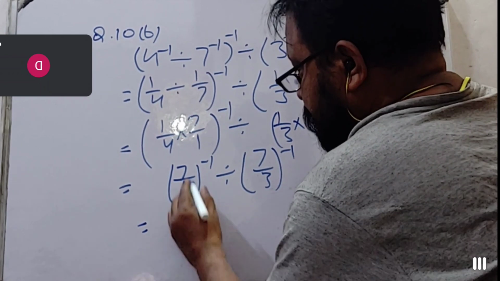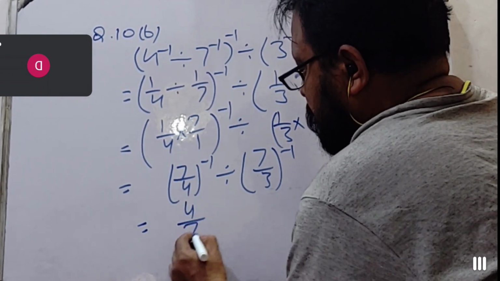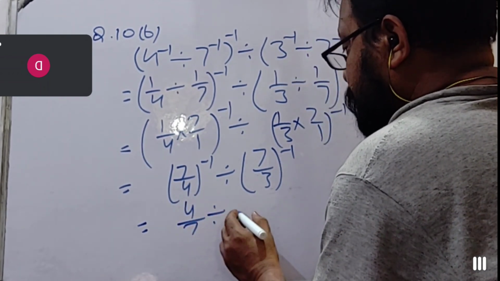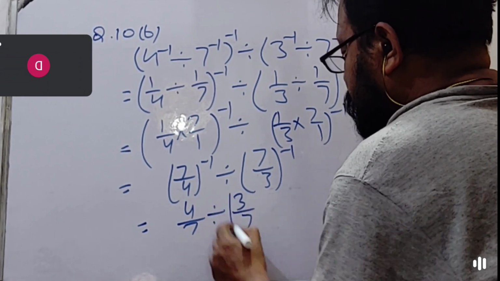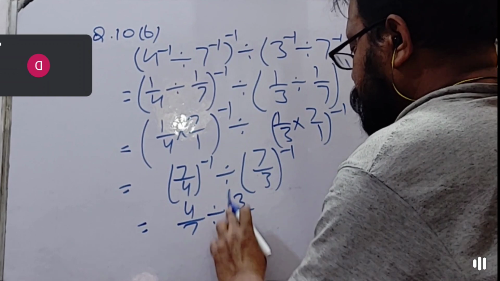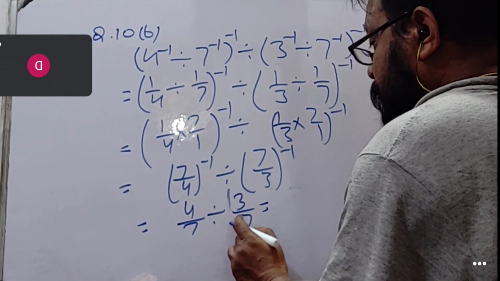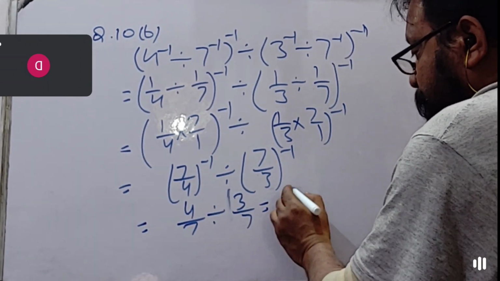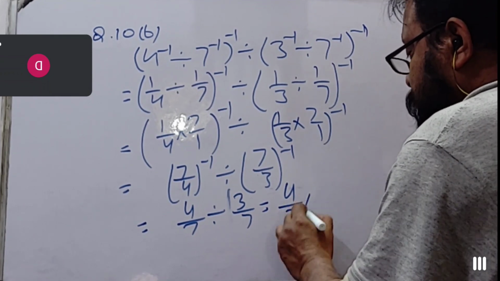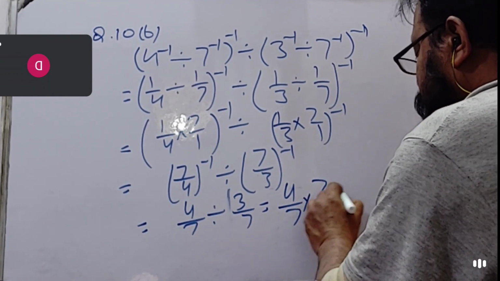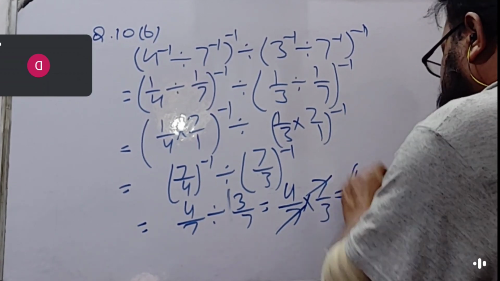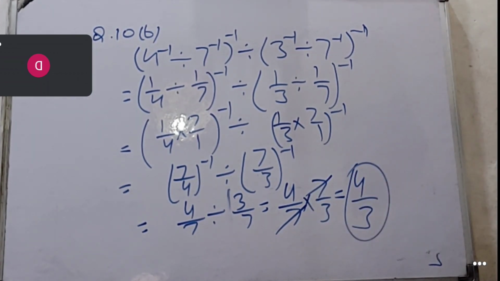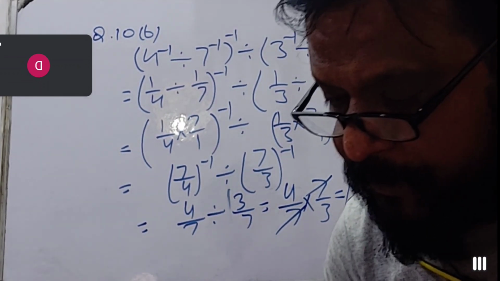Now it becomes 4 upon 7 divided by 3 upon 7, right? And when we take the multiplication sign, 4 upon 7 into 7 upon 3, so 7 cancels out, we get 4 upon 3. Is it okay? It should be done like this.